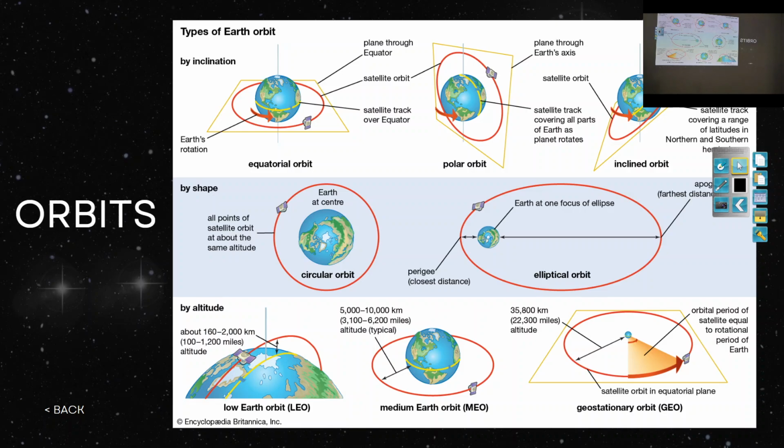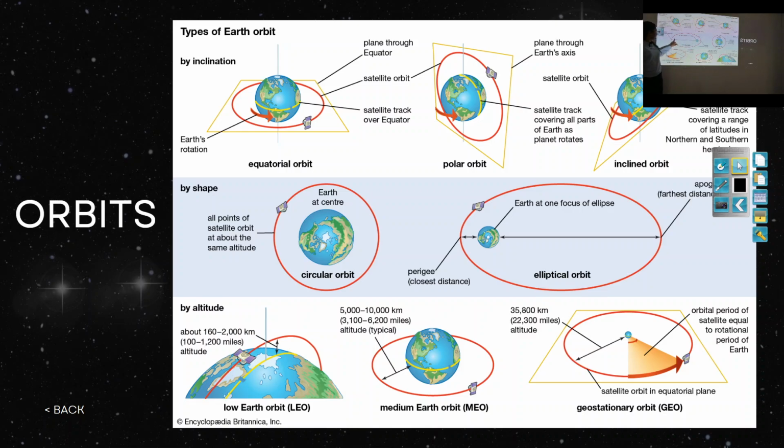And based on the altitude we saw low earth orbit, around 160 to 2000 kilometers, and medium earth orbit, which goes from 5000 to 10,000 kilometers, and geostationary orbit, which goes up to 36,000 kilometers. And by shape also, a circular orbit is a normal circular orbit, and in an elliptical orbit the earth will be at one of the foci.